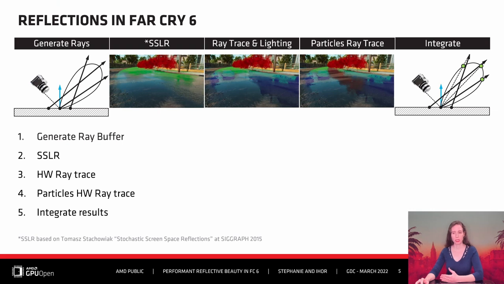The next pass is our hardware-accelerated ray tracing and lighting that excludes particles. Particles are a special case, and that is best handled in a separate second hardware ray tracing pass. In our final pass, we integrate the results from all the different types of our reflections.